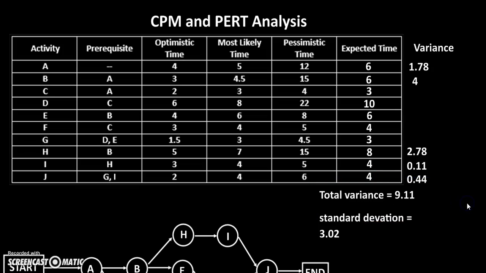So when the question is asking us about probabilities, we're using our normal distribution, so we need our mu and our sigma to calculate z-scores. Our mu, our average, is going to be 28 that we calculated for our project length, and our standard deviation is the square root of the variance of the critical path, which in this case is 3.02.